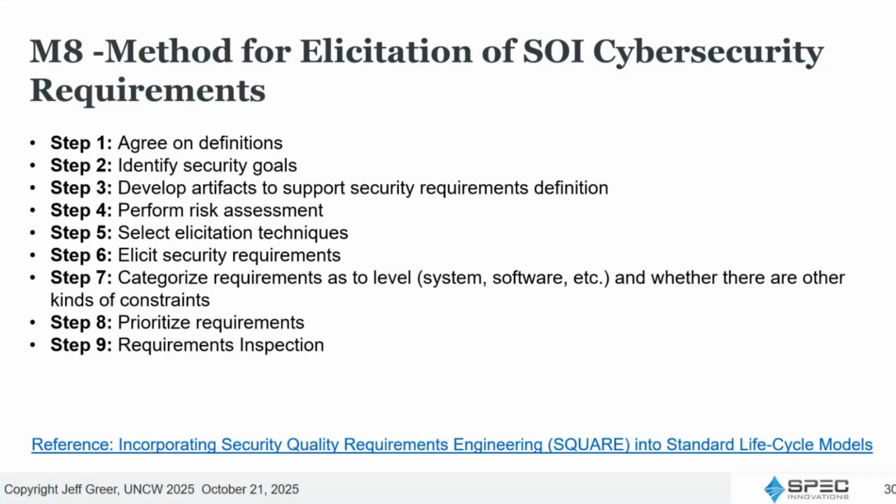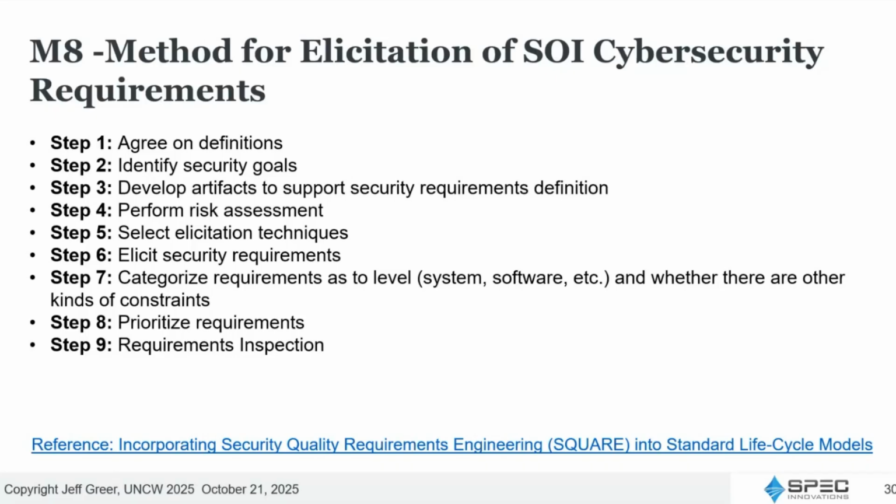So again, if you're running a project and you want to make sure you get good requirements capture, here's 9 steps that Nancy put together. You want to agree on the definitions. You want to identify your security goals. You want to develop artifacts to support your security requirements definition. You want to perform a risk assessment. You want to select your elicitation techniques.